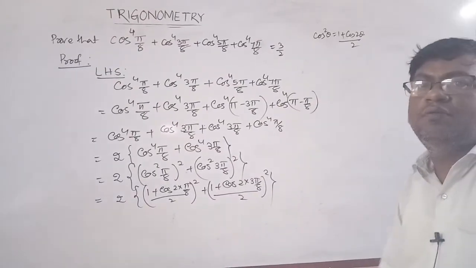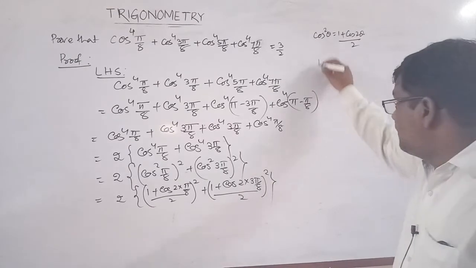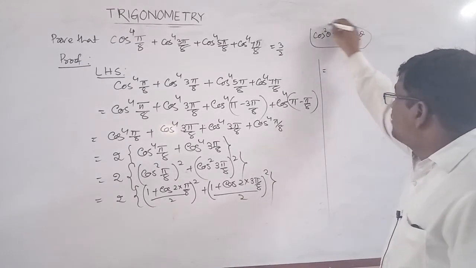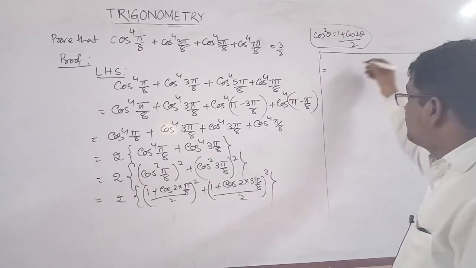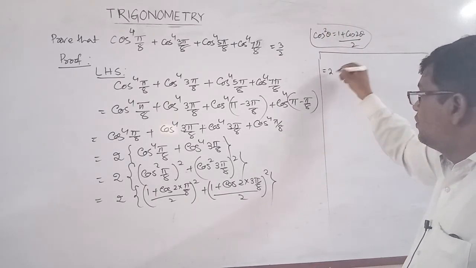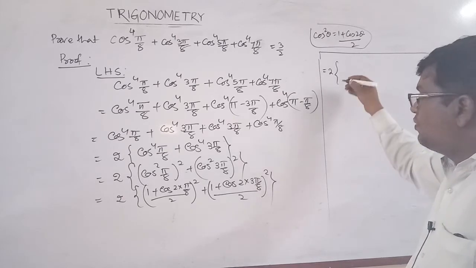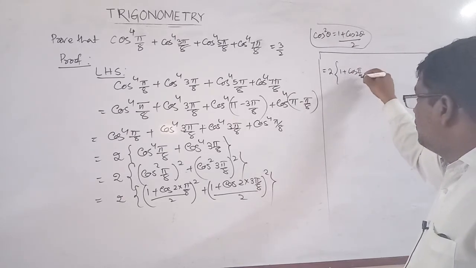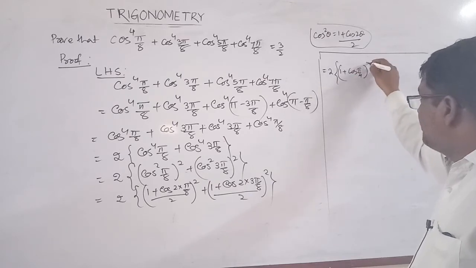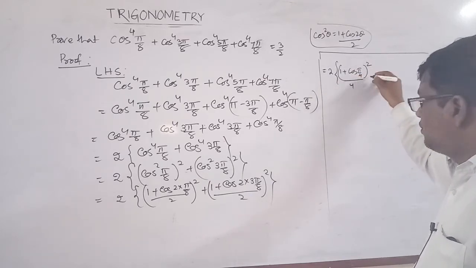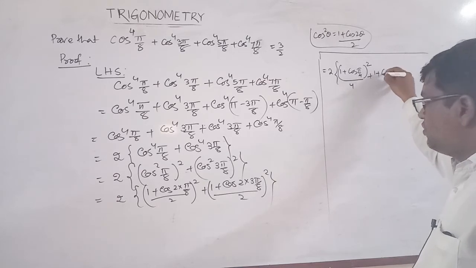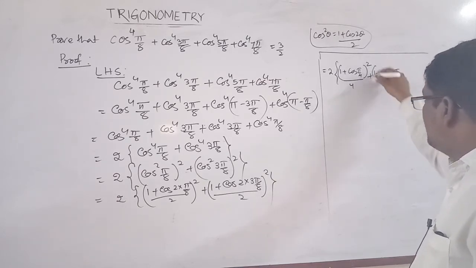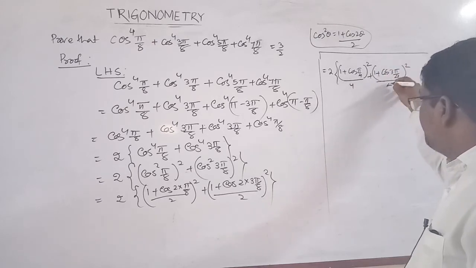This is equal to 2 into, using this formula, 1 plus cos pi by 4 whole square divided by 2 square means 4, plus 1 plus cos 3 pi by 4 whole square divided by 4.